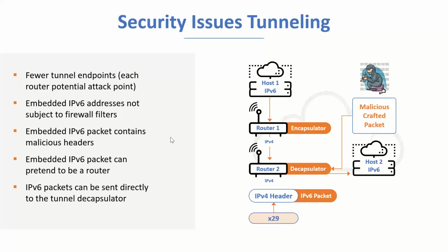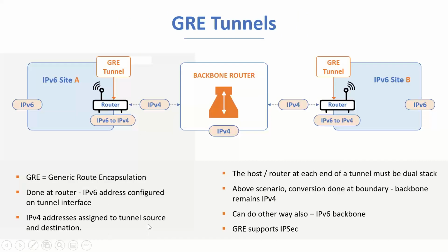You can embed a packet that's got malicious extension headers, or you can pretend to be a router and send a router advertisement, or you can send packets directly to the decapsulator. You can just craft packets. As I say, lots of fun things to do.